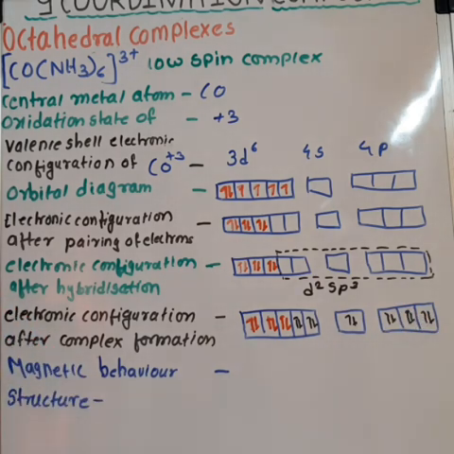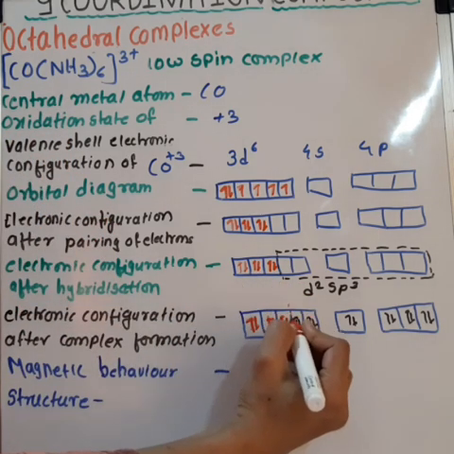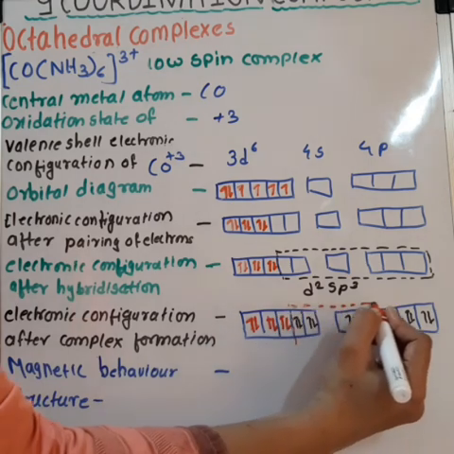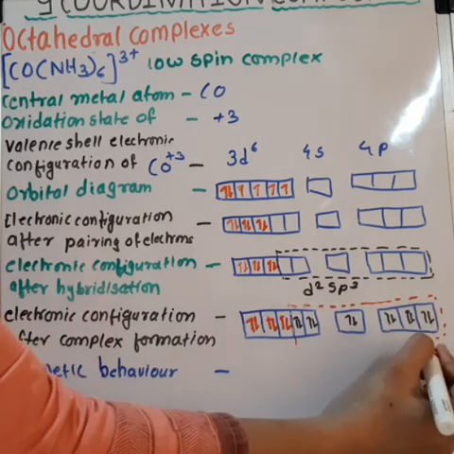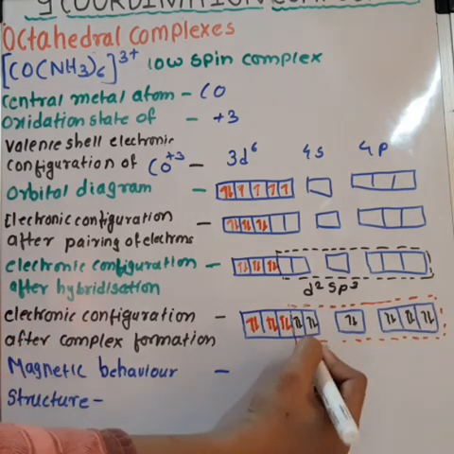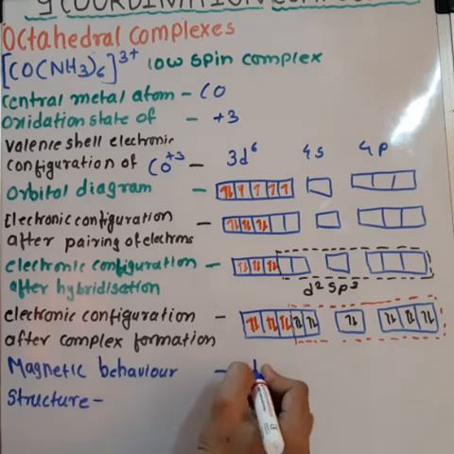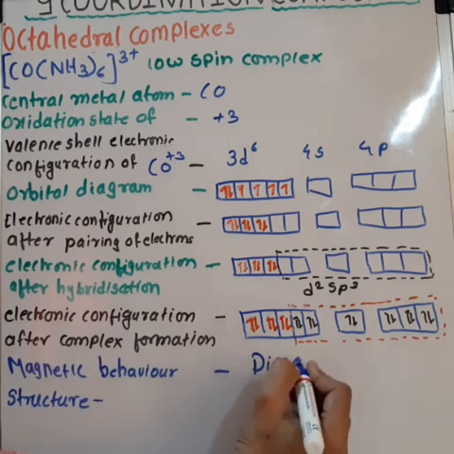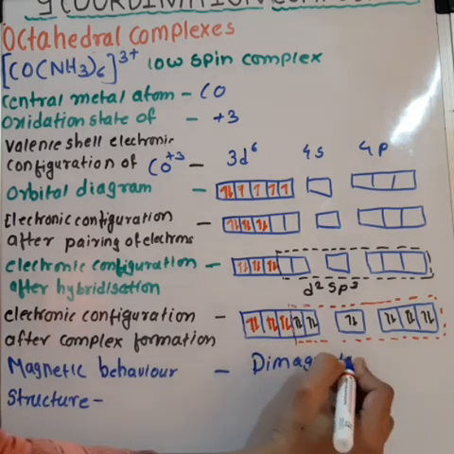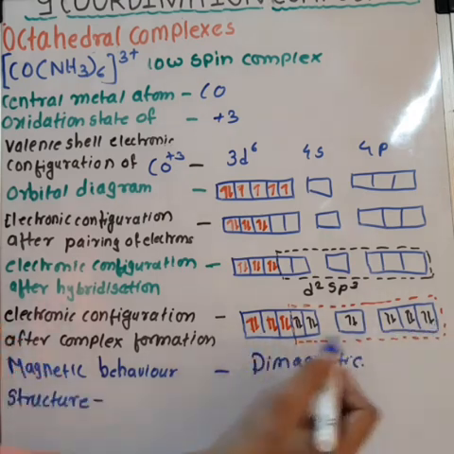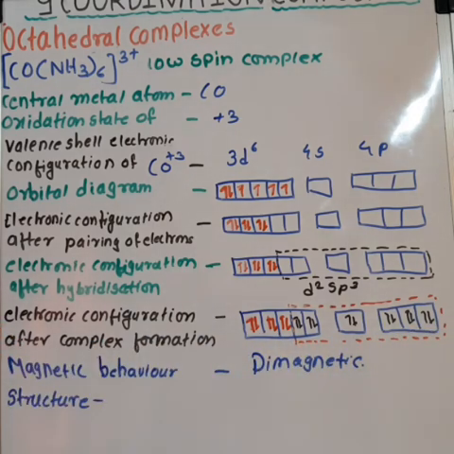This will be the electronic configuration after complex formation. As there is no unpaired electron in this orbital diagram, this complex is diamagnetic. There is no unpaired electron, so this complex is diamagnetic.